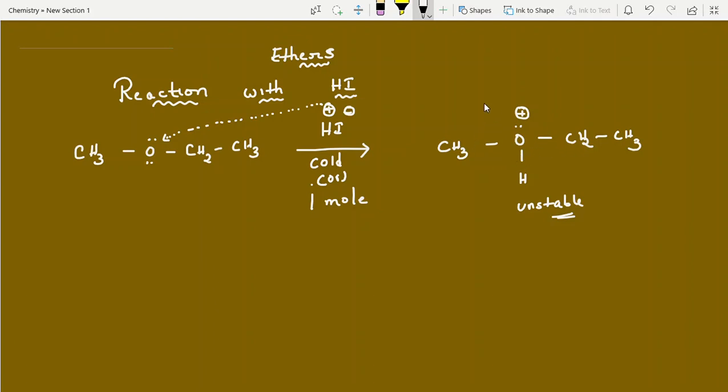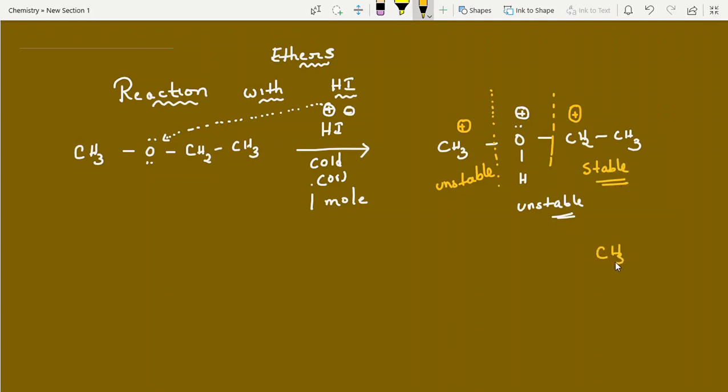Imagine here, students. If you break here, you will get a methyl carbocation, which is unstable. If you break here, you will get an ethyl carbocation. When compared to methyl carbocation, ethyl carbocation is stable.